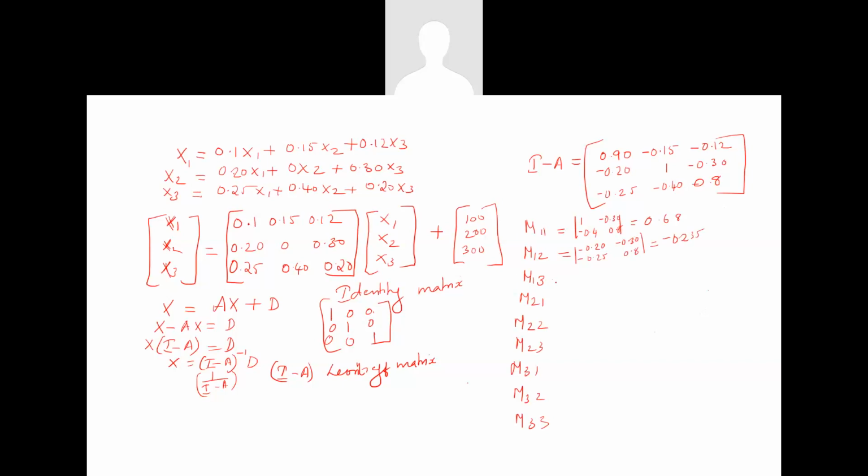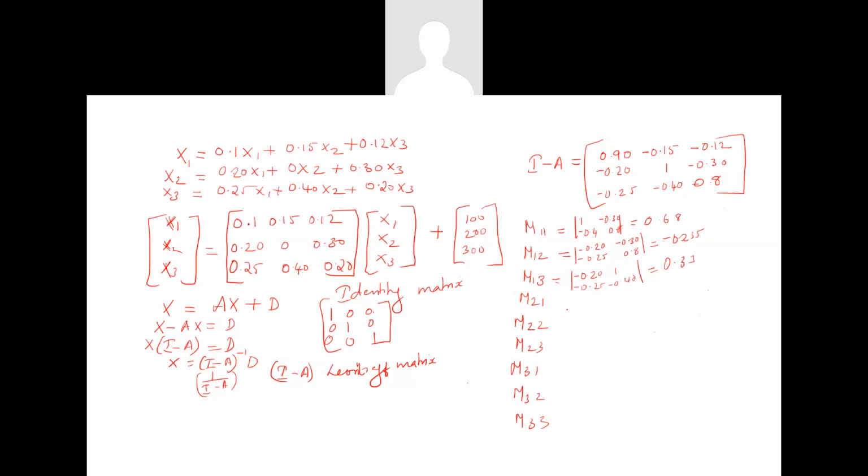Similarly, you find M13. You delete the first row and the third column. So what is remaining is minus 0.20, 1, minus 0.25, minus 0.40. Calculate the determinant value. It is 0.33.